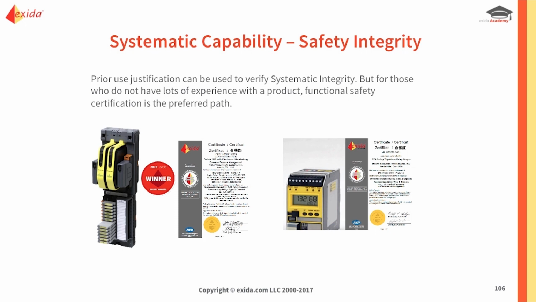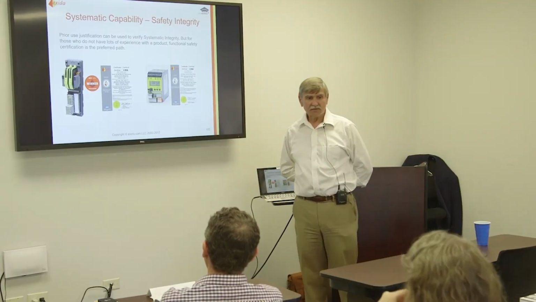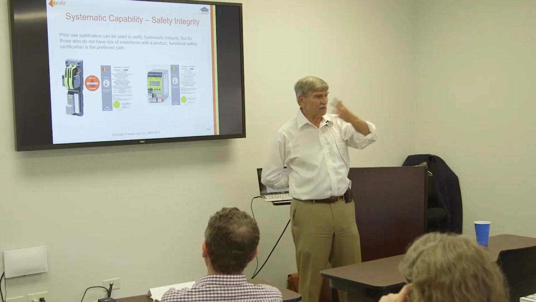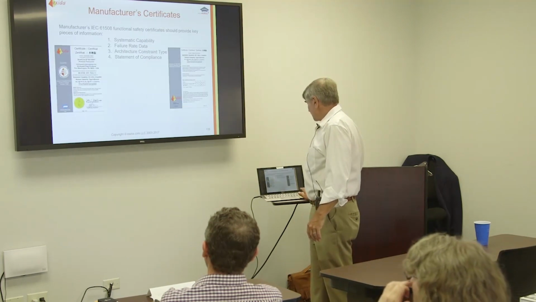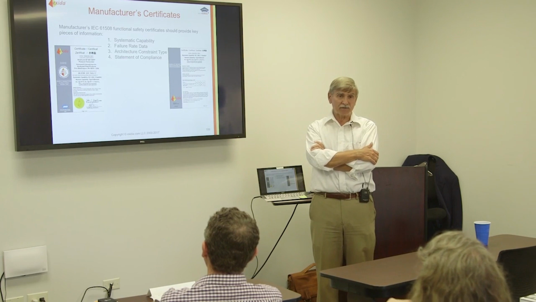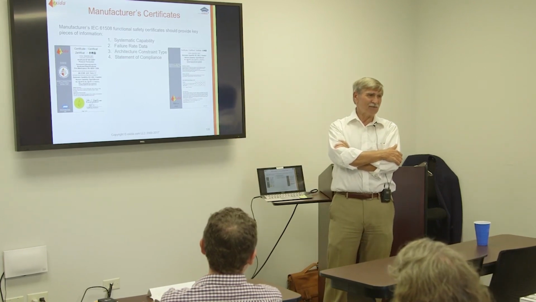The fact is, prior justification can be used, but there are so many certified products of all different types that most people, like that example I gave you, chose certified parts. Besides, you don't have to take any responsibility for justification. And a lot of engineers do not wish to do that.